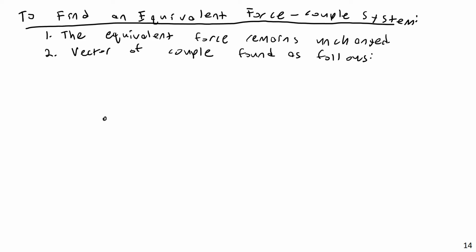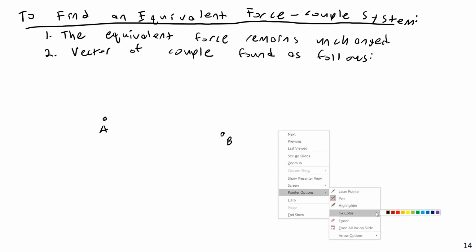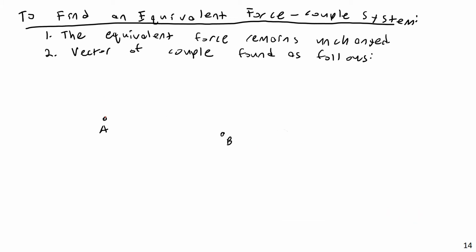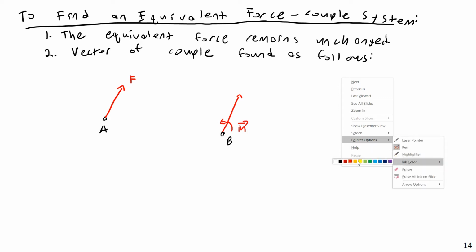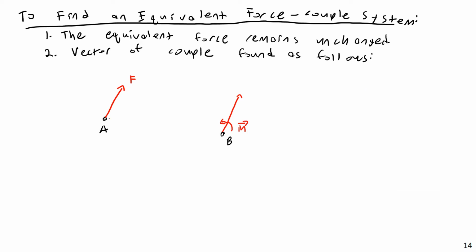So let's say you had point A here and point B, and you had F here, and F originally was at A, and we picked it up and hauled it over to B, and we have this moment M, this couple M. Well, I'm going to define a vector R, and that R, I'll just call AB.